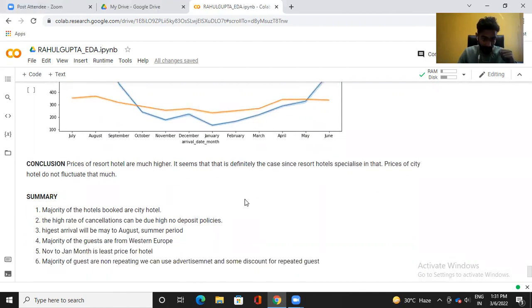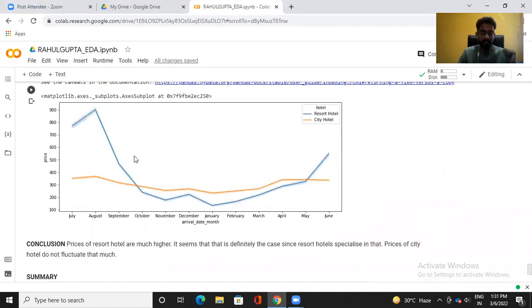In resort hotel types, the August price is higher. The main reason is that families are coming, so because of that they are increasing their price. And in the city hotel type, there is something like a constant chart.